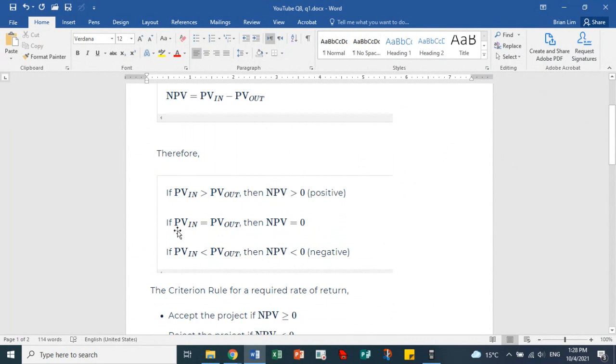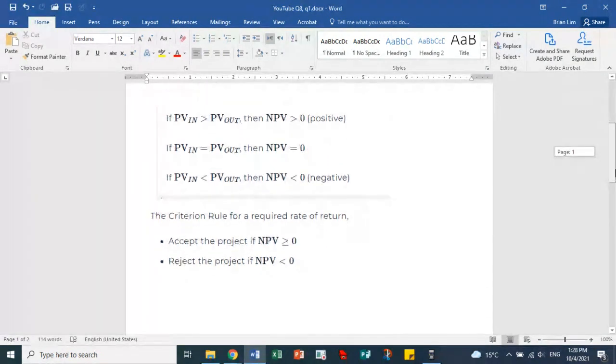Okay, present value in can be equal to the present value out, so the net present value will be 0. Or the present value in can be less than the present value out, and then we get a negative net present value. All right, based upon that, decisions are made, whether to accept or reject.